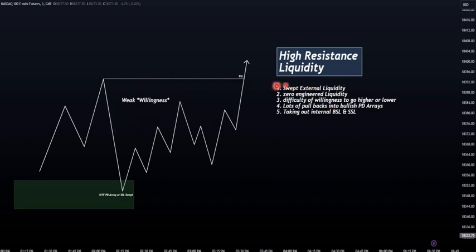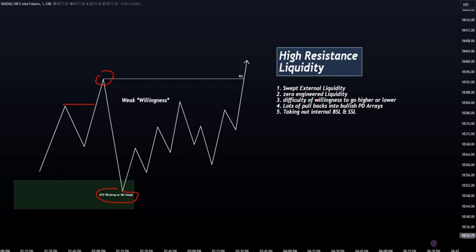And also, let's bring it back to the first step as well. We swept external liquidity. If this right here was an external buy side liquidity and we swept it here, this is our new swing high here, and we did not create any engineered liquidity on the way back down to tap into this higher time frame PD array or sweeping sell side liquidity.